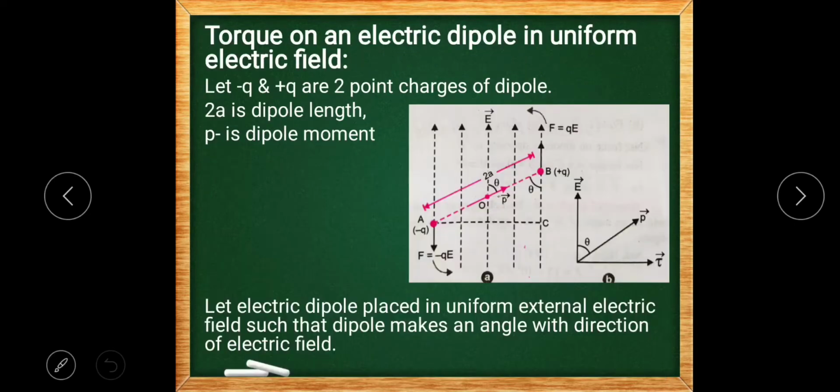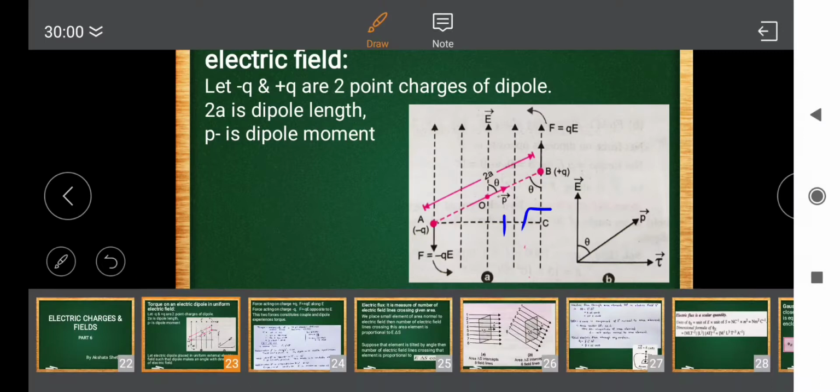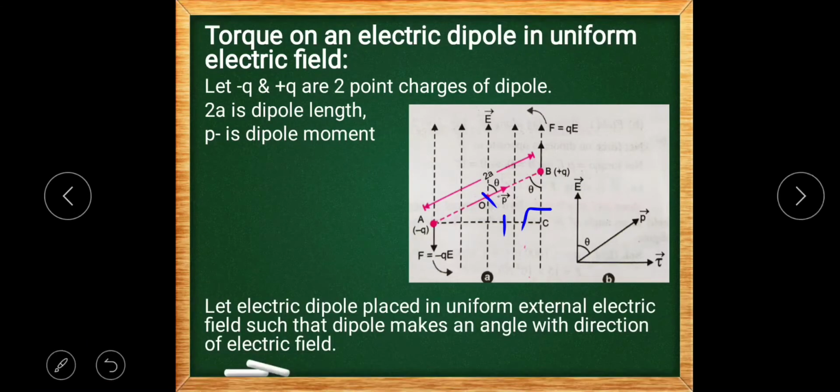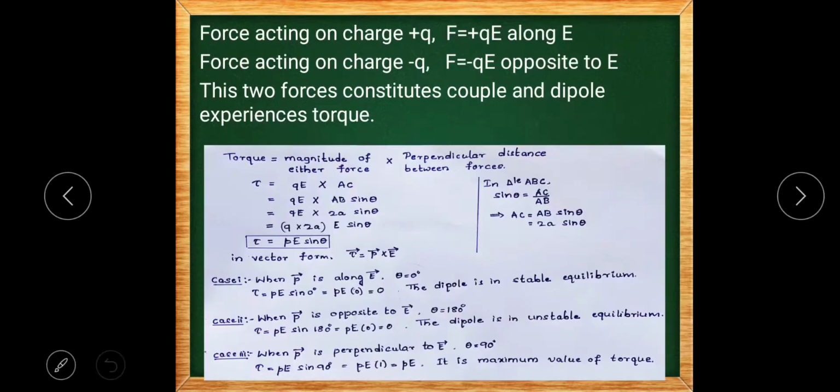Consider triangle ABC, this is a right angle triangle, sin theta equal to opposite side by hypotenuse, that is AC by AB. AC equal to AB into sin theta, where AB is the distance between the 2 point charges, that is equal to 2a, or the dipole length.